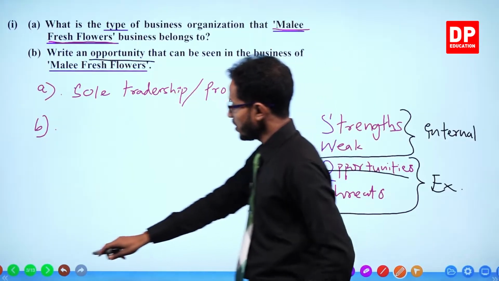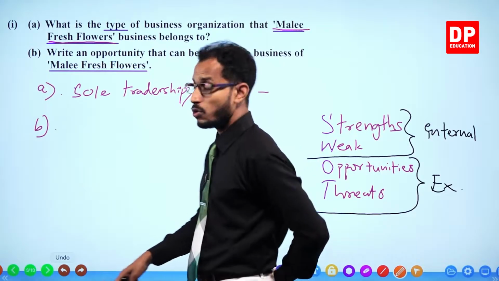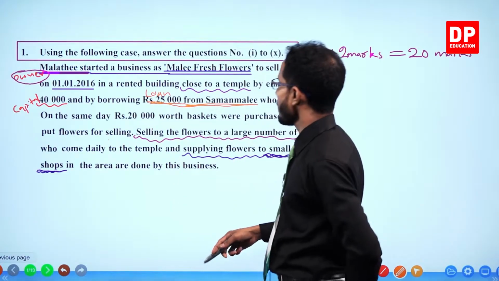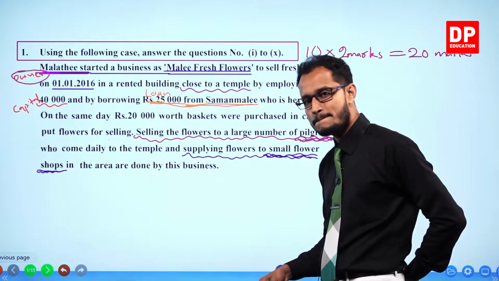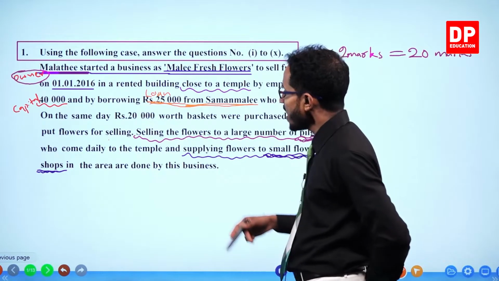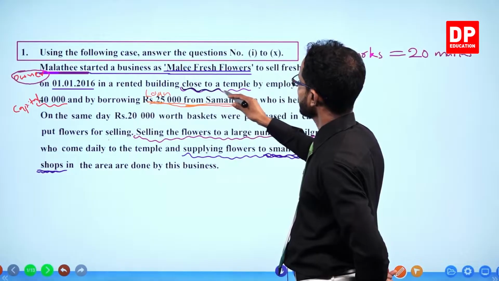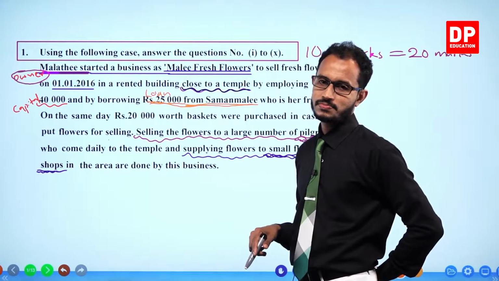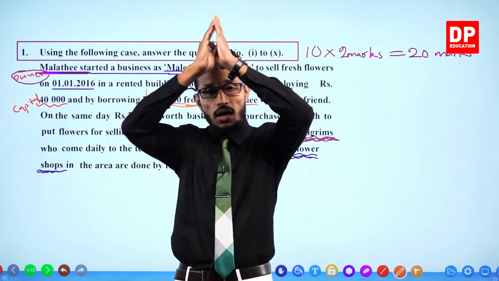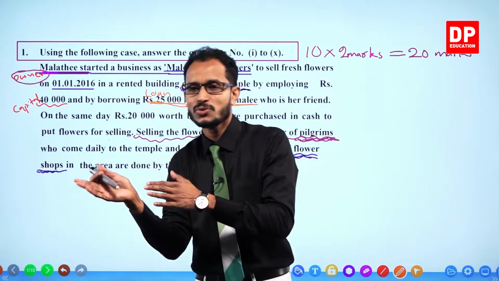I told you earlier that we will have to write about the temple. Where is the temple? I told you. This is the opportunity. In the external environment, there is a temple close to the shop. The shop is situated close to a temple.